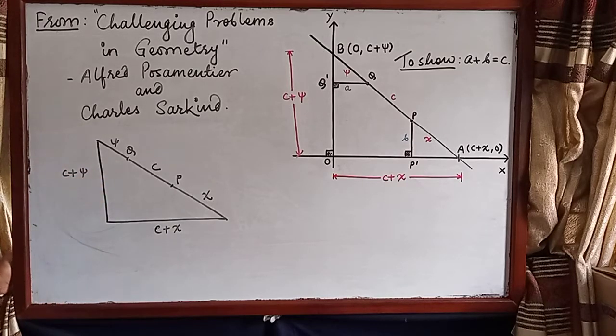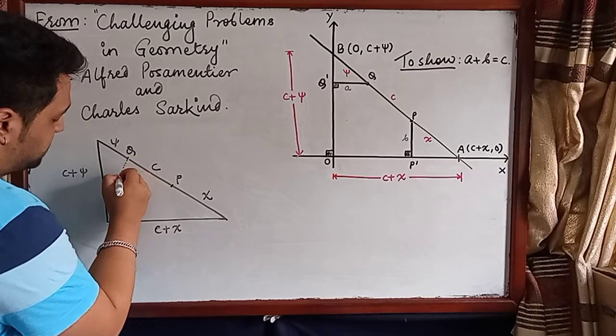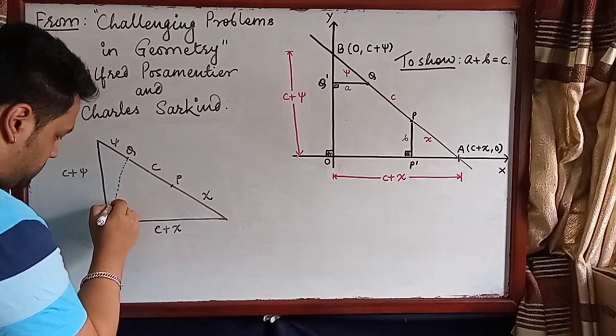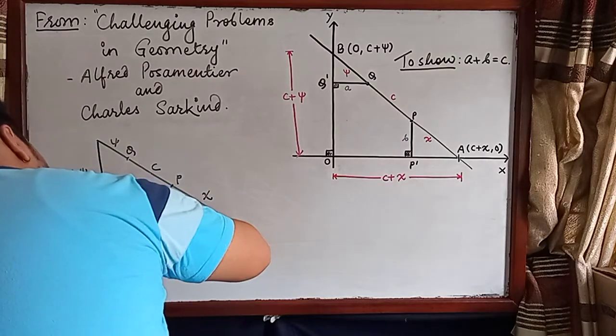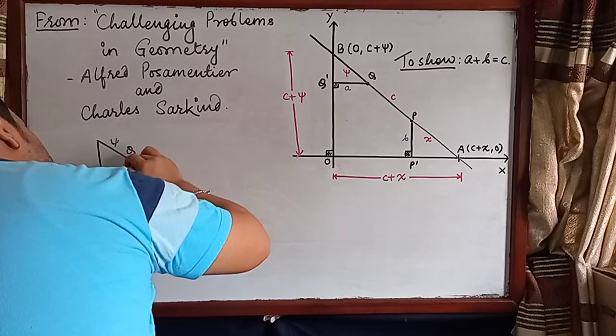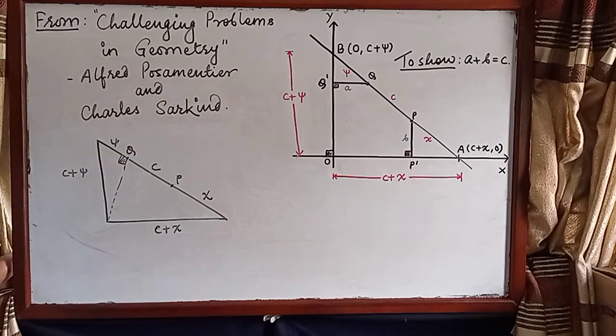Now, if we drop a perpendicular, does it pass through Q?